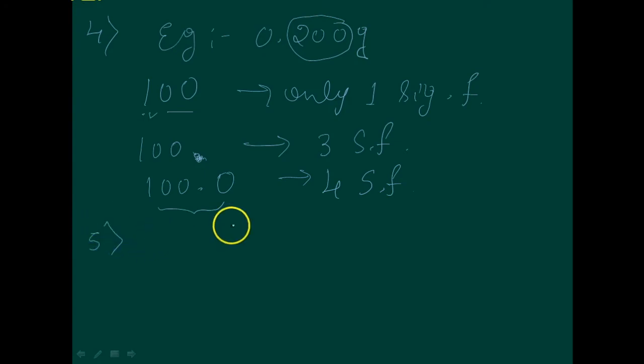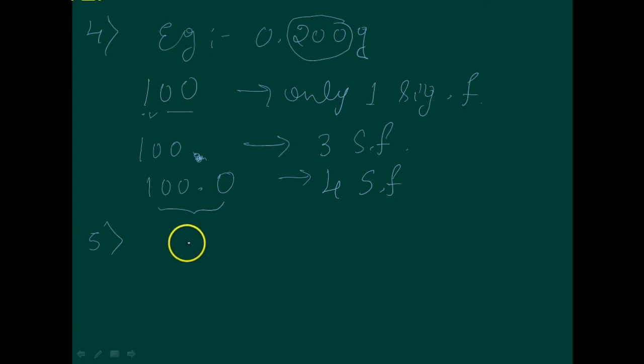The last rule is counting the number of objects. For example, 2 balls or 20 eggs have infinite significant figures, as they are exact numbers and can be represented by writing an infinite number of zeros after placing a decimal.